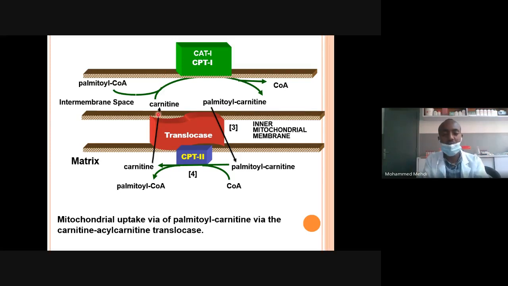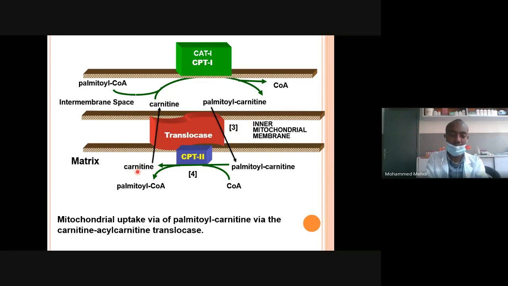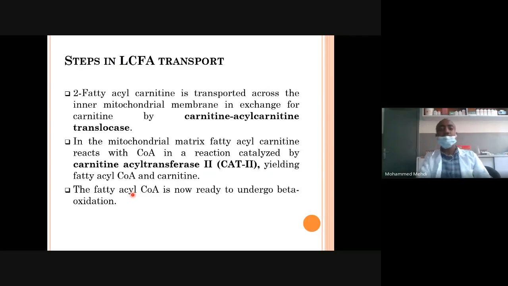We will have this exchange mechanism using this translocase enzyme, which finally lets us recycle carnitine. Finally, we have the activated fatty acid in the matrix of mitochondria, so it can undergo beta oxidation.